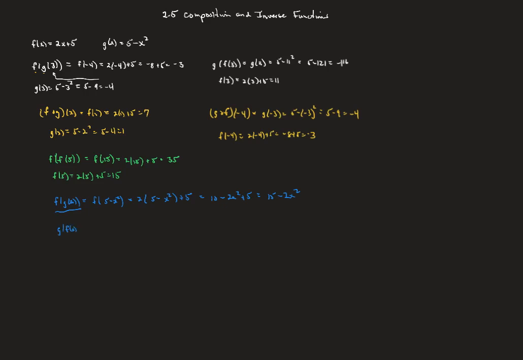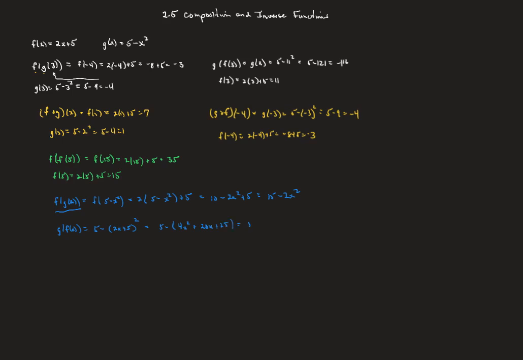And similarly, g of f of x is going to be 5 minus, and then we'll plug in f in place of that x. So remembering to square that out first before we distribute the negative, that's going to be first one squared, twice the product, plus the second one squared.